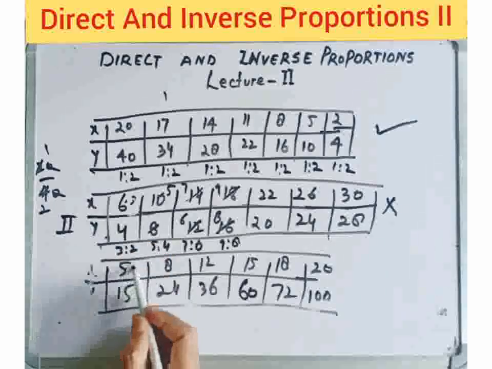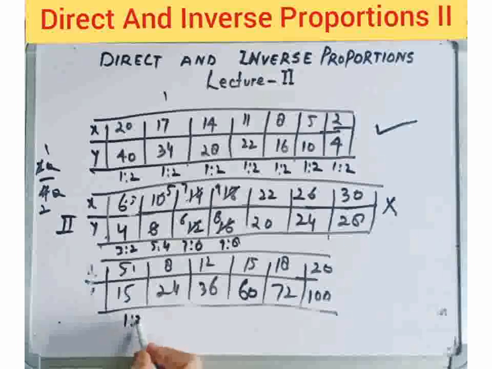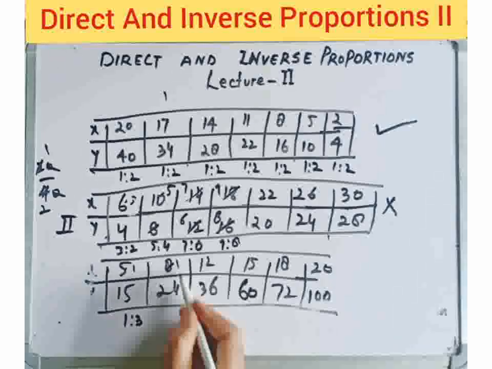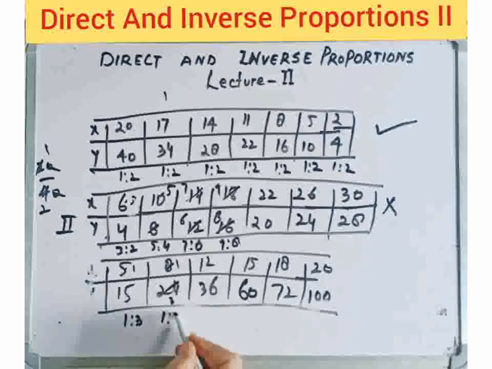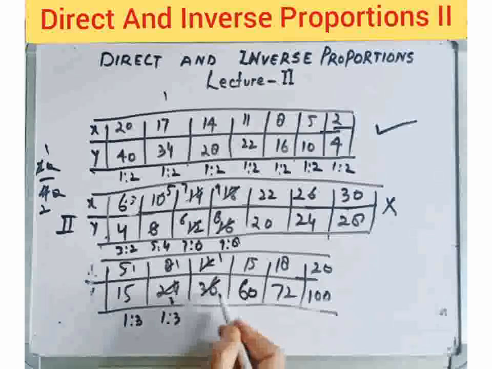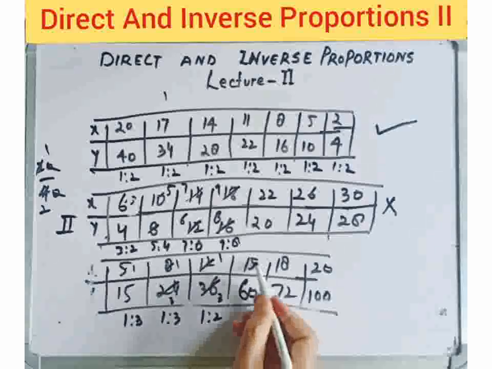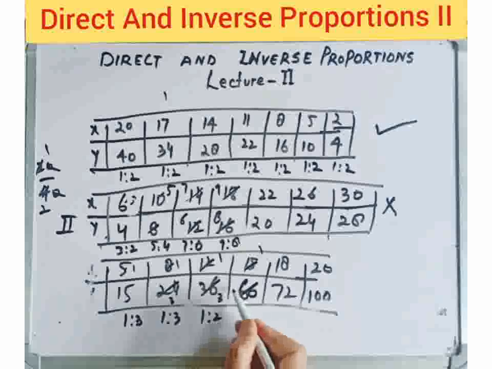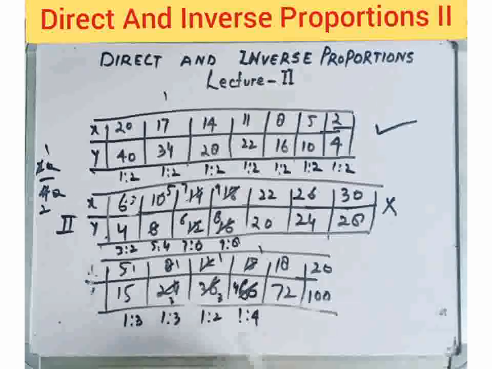In the third case, 5 ones are 5, 5 3s are 15, the ratio is 1:3. 8 ones are 8, 8 3s are 24, again 1:3. 12 ones are 12, 3s are 36, 1:3. 15 ones are 15, and 4s are 60, 1:4, right? So here you can see that the ratio changes. Although it is the same in the first three observations, here it changes.